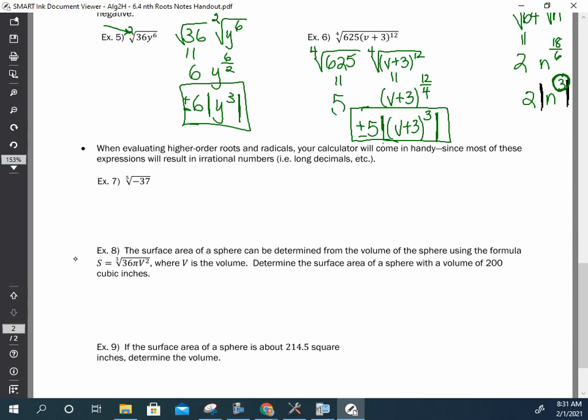All right, and we'll finish off our work today putting our calculator to use. All of our numbers so far have been nice and neat, no decimals. That ends now, because it's not realistic that everything is going to come out nice and neat. So example 7, fifth root of negative 37. We're going to let the calculator do its work.